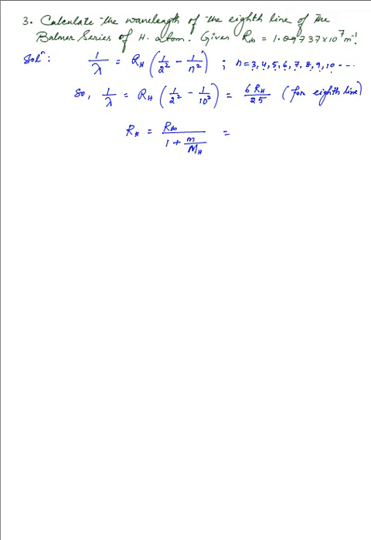So here we wish to substitute the values of m and mh, and we know that the ratio over there, m over mh, is going to be 1 over 1836.